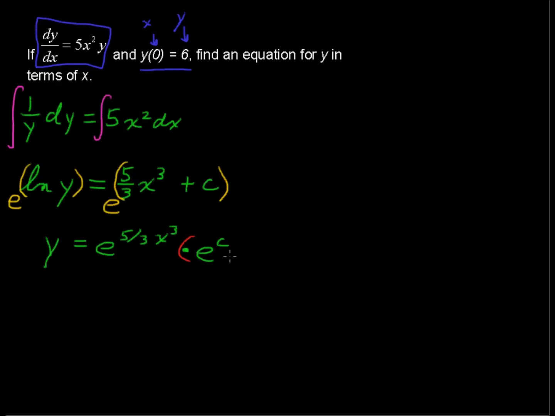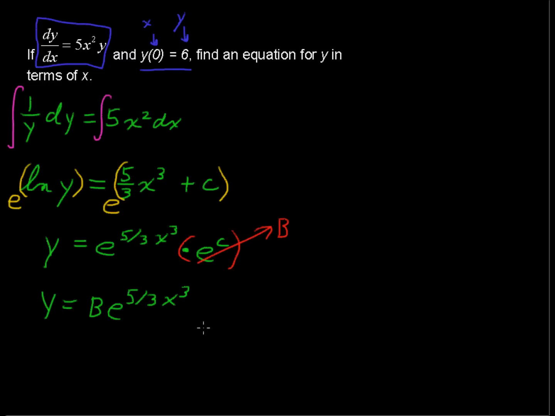This part, e to the constant, we still don't know what the constant is. So I'm going to say this is some new constant b. Some number e raised to a constant c is some new constant b. In some books they'll just leave it as a constant c, or they call it k, but I'll call it b so I don't confuse the issue. So y equals b times e to the 5/3 x cubed.